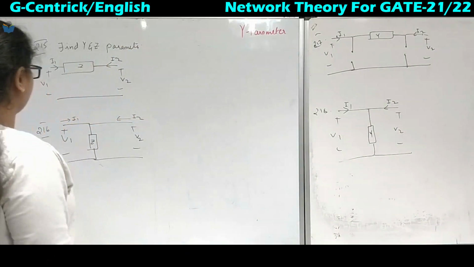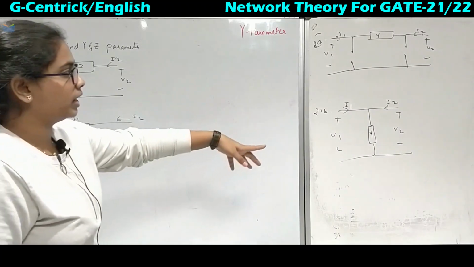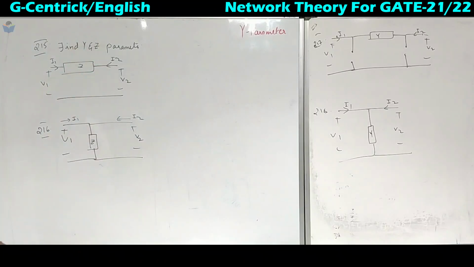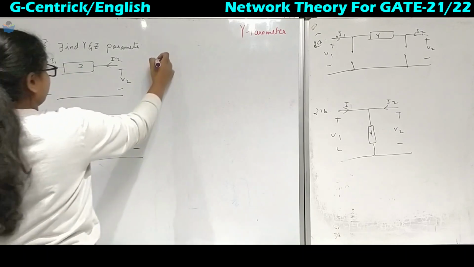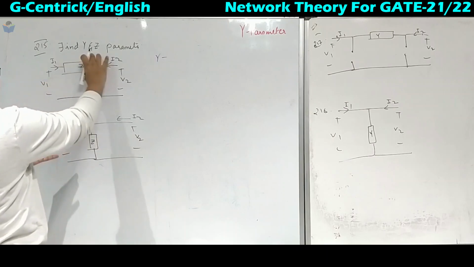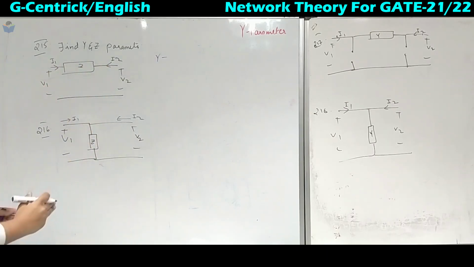Coming to questions 215, 216, 217, 218. In all these cases we have to find the Y and Z parameters. Here we will first go with the Y parameter. We can assume this branch as a pi network.